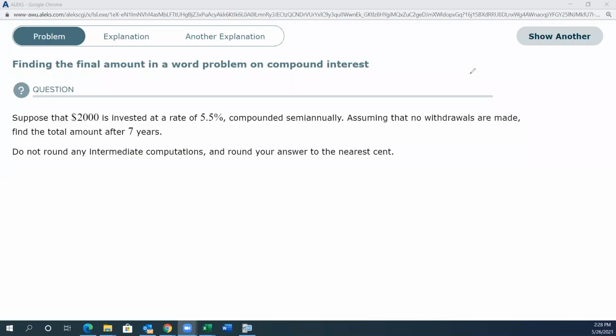Okay, so suppose that 2 grand is invested at a rate of 5.5% compounded semi-annually. Now, the last one was annual. On this topic, it's not always going to be annual. So we're going to modify the exponential growth formula to look like this, to be the formula for compound interest.